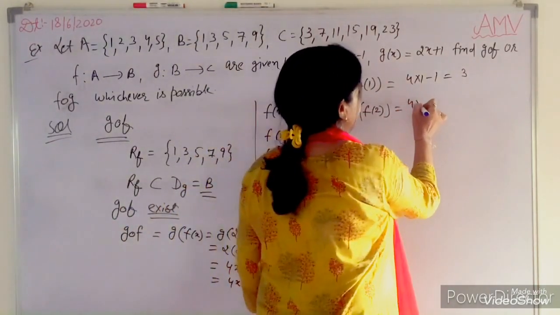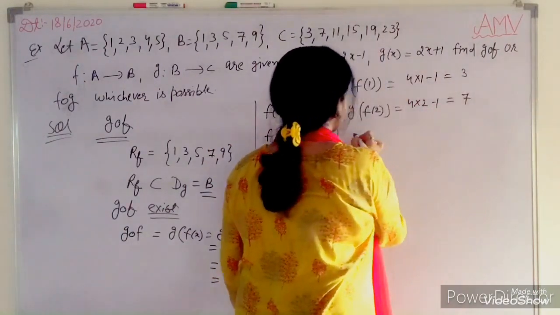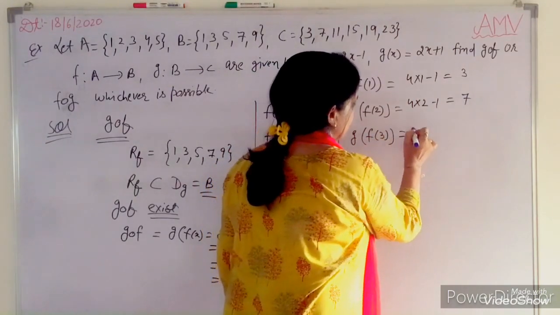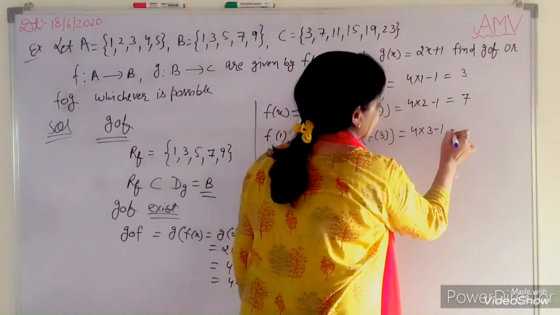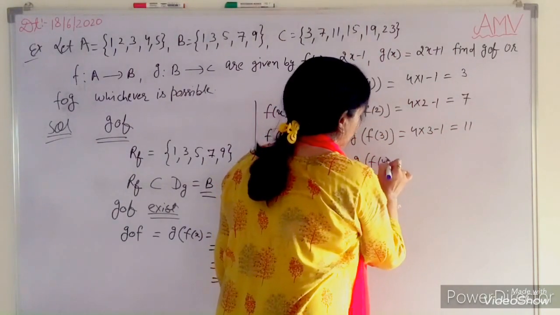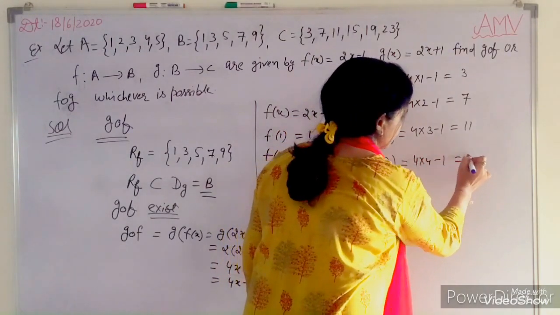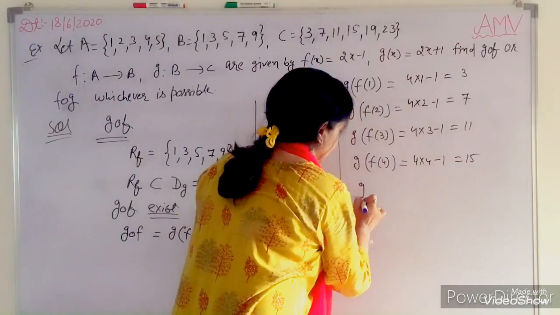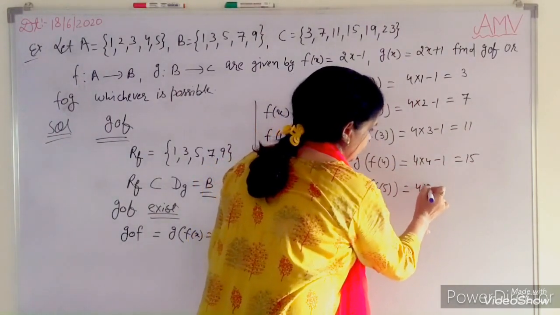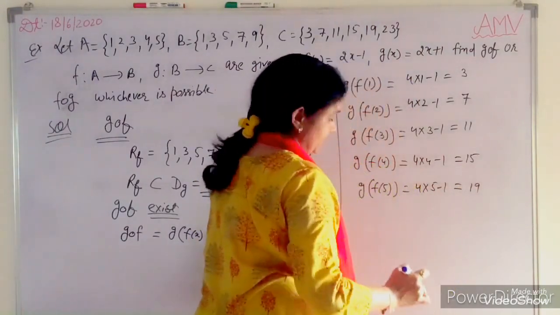You will get 4 into 2 minus 1, 8 minus 1 is 7. gof(3) is 4 into 3 minus 1, 11. gof(4) is 4 into 4 minus 1, you will get 15, student. And gof(5) is 4 into 5 minus 1, you will get 19.